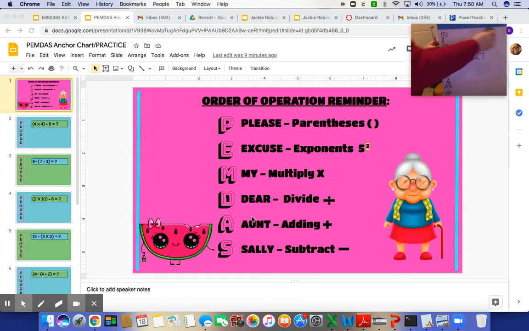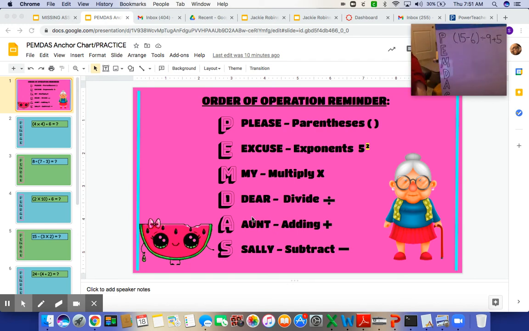That's the first one. Now we're going to do a different one, and I'm going to remind you of a couple other things. This one's a little bit more difficult. It's 15 minus 6, divided by 9 plus 5. So I'll give you a minute just to look at that.